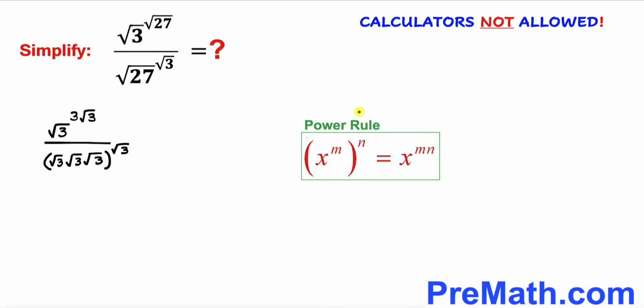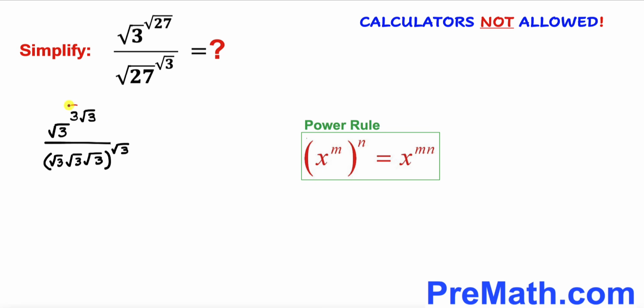And now let's recall the power rule of exponents. If we have x power m and then power n, in other words m and n are our nested exponents, then this whole thing could be written as x power m times n. And we are going to apply this power rule on the numerator.